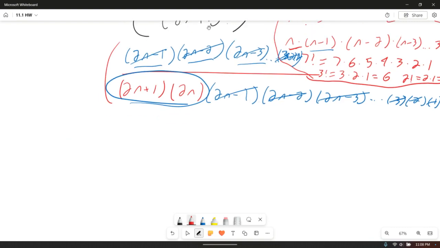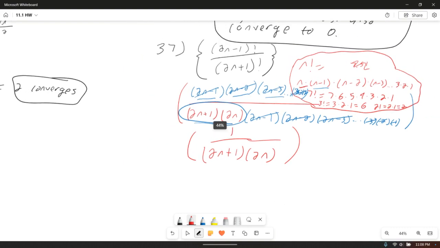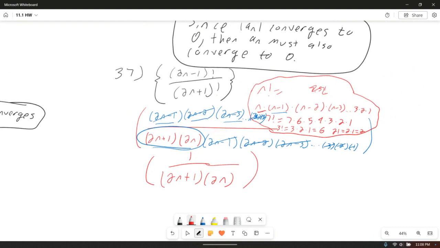So all that we're left with is 1 over 2n plus 1 times 2n. By the way this function was set up, 2n minus 1, 2n minus 2, 2n minus 3 cancels out with everything to the right of 2n plus 1, 2n, 2n minus 1, 2n minus 2, 2n minus 3, all the way onto infinity.